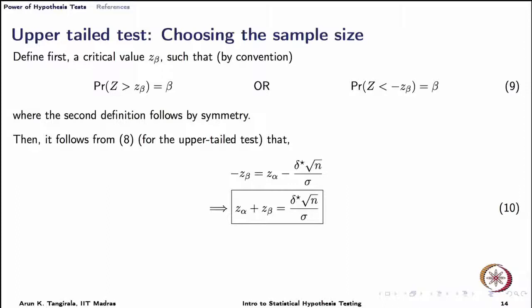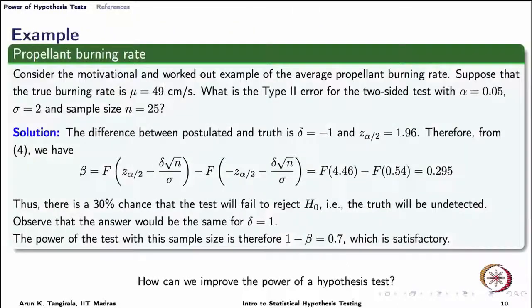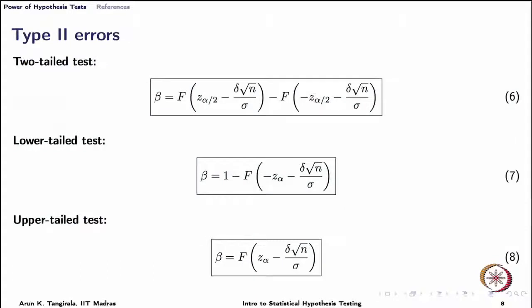Now, because we are looking at the upper tail test, we pick the expression that we had in equation 8, which says that beta is this CDF, the probability of finding z, a standardized Gaussian random variable, less than z alpha minus delta root n by sigma.